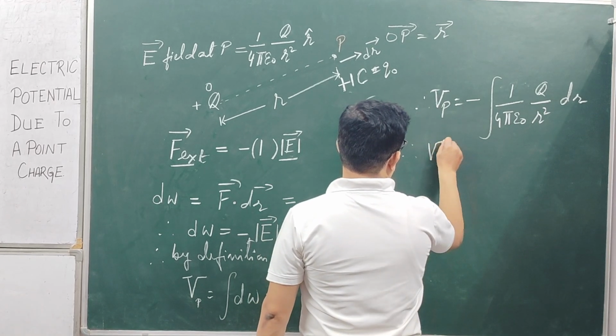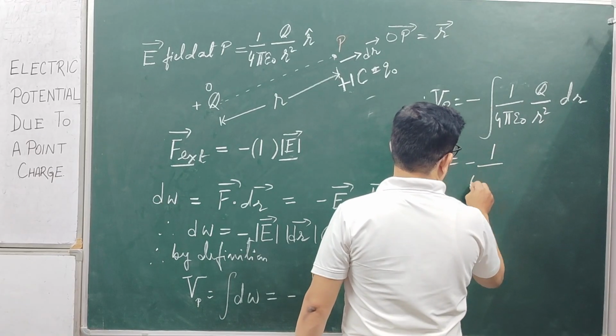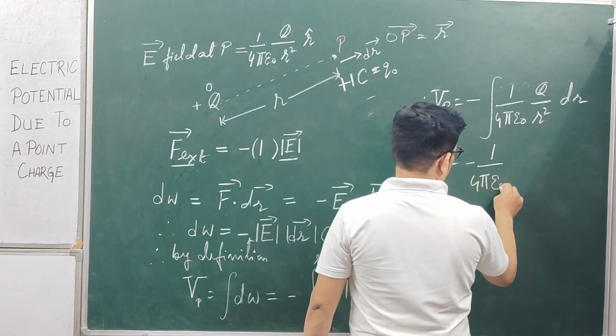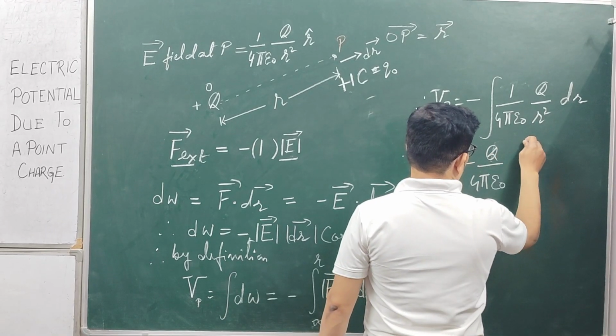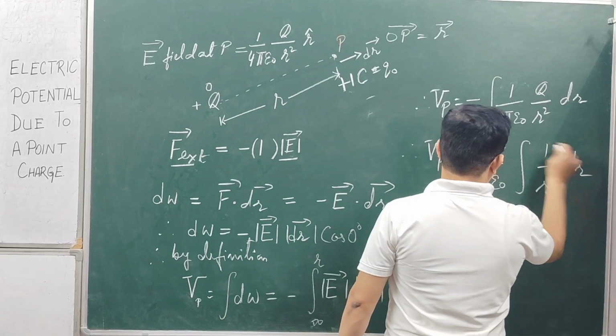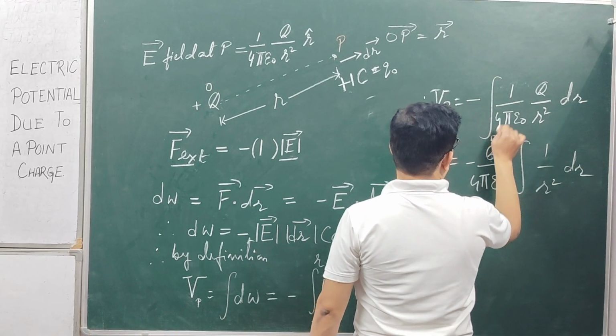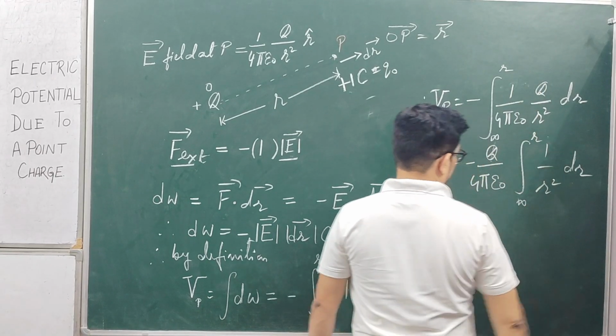So the electrostatic potential is minus 1 over 4 pi epsilon naught, Q, and the integral of 1 over R square dr. We put our limits here, infinity to R.